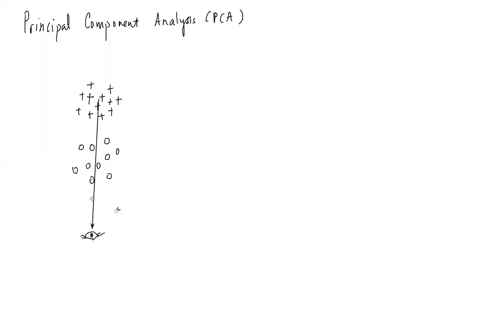Do you think you will be able to see that there are actually two clusters in this space? No, you can't, because the plus and the circles are obscuring each other.